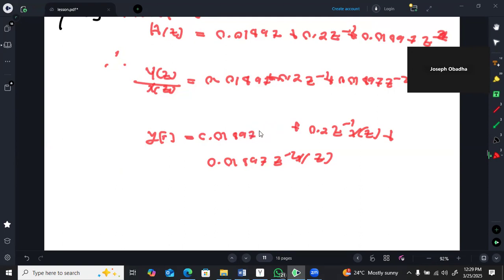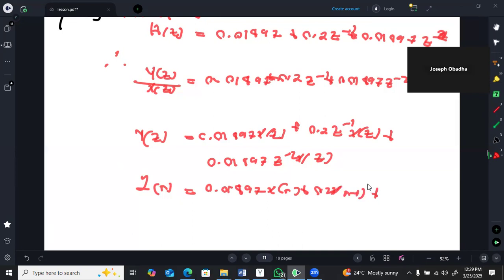Maybe I would have this one in terms of z first, and this one also in terms of Y of z, so that I can now have my y of n by getting the inverse transform of this equation, so that I have y of n equal to 0.01497 x of n plus 0.2 x of n minus 1 plus 0.01497 x of n minus 2.